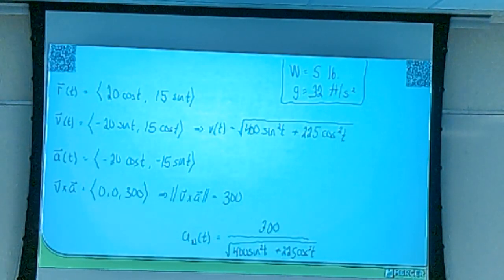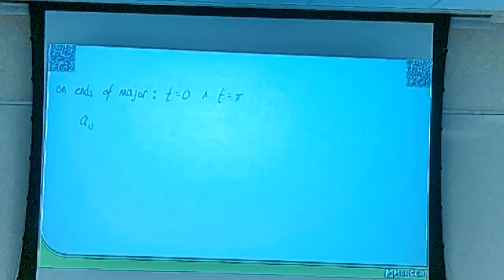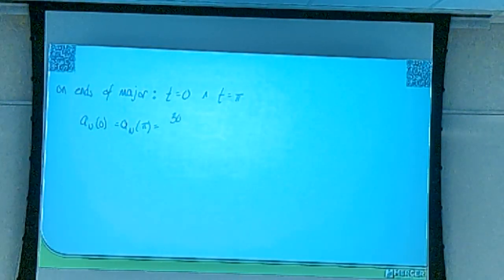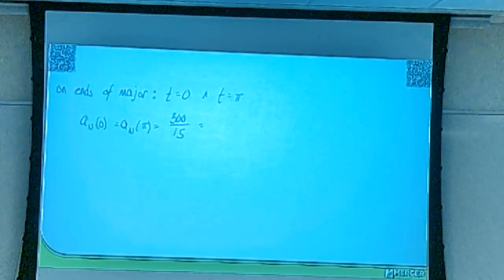One and negative 1. What happens when you square negative 1? What happens when you square 1? Isn't your normal component of acceleration the same at both of those endpoints? It's just 300 over the square root of 225. 300 over 15.